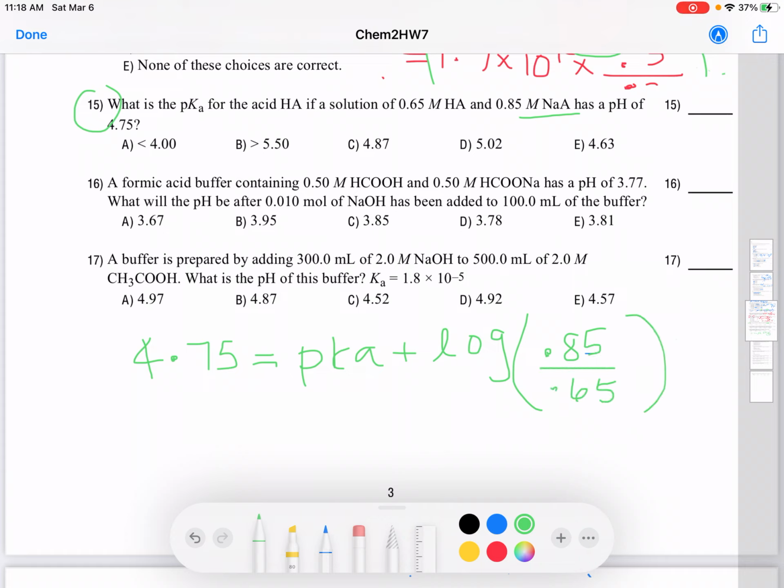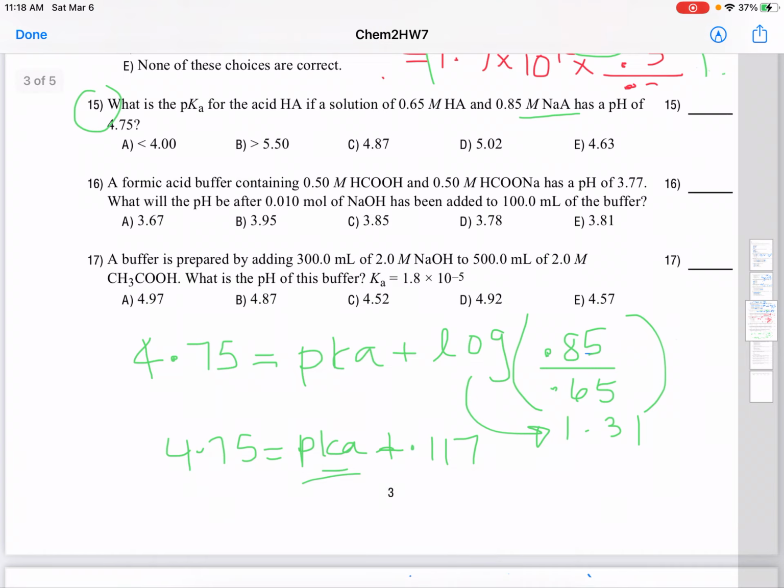So take 0.85 over 0.65, that would be 1.31, and then take the log of that, that would be 0.117. Do this calculation yourself and see if these numbers are correct. So you can find out the pKa would be 4.75 minus 0.117. That's how you would do 15.